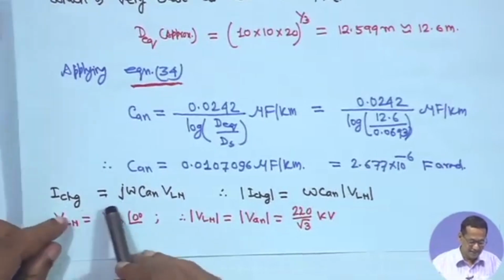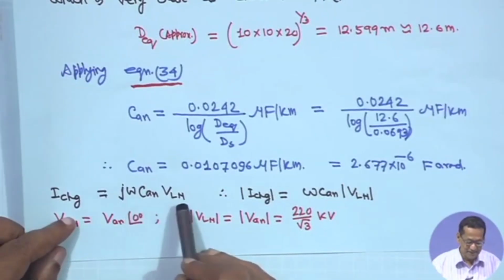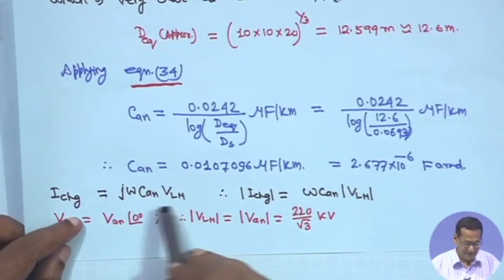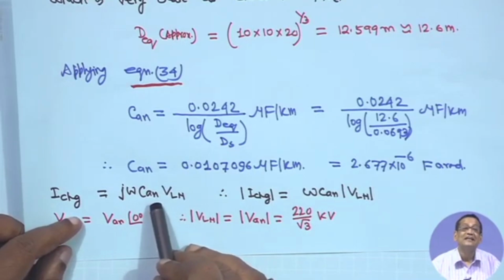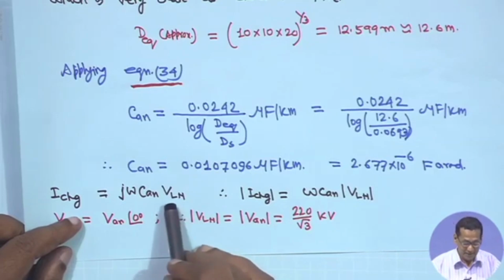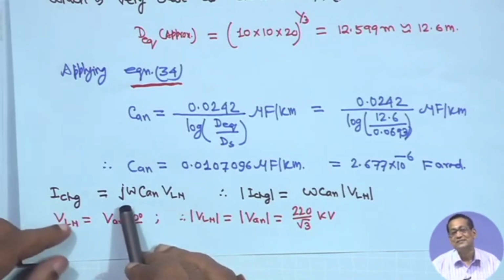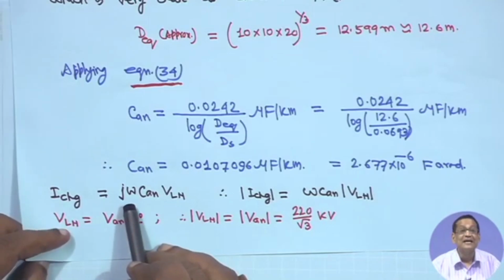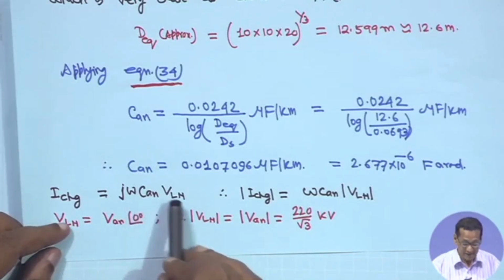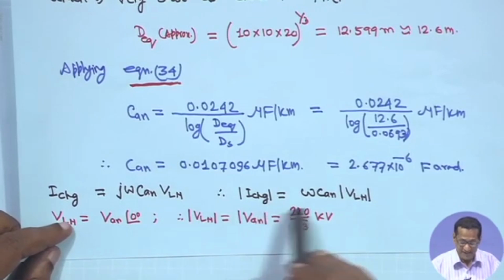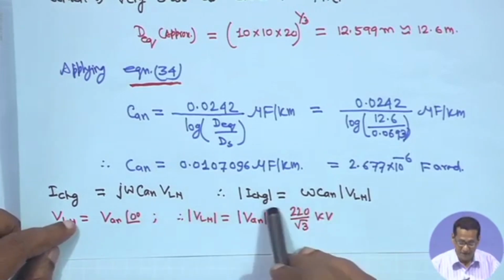Now, the charging current I is equal to j omega CAN into V line to neutral voltage, because you are taking CAN, the line to neutral capacitance, into V. L stands for line to neutral voltage, and j, for the capacitance, generally indicates leading current. So, j omega CAN VLN. The magnitude of I charging is equal to omega CAN V line to neutral, without j because it is magnitude.